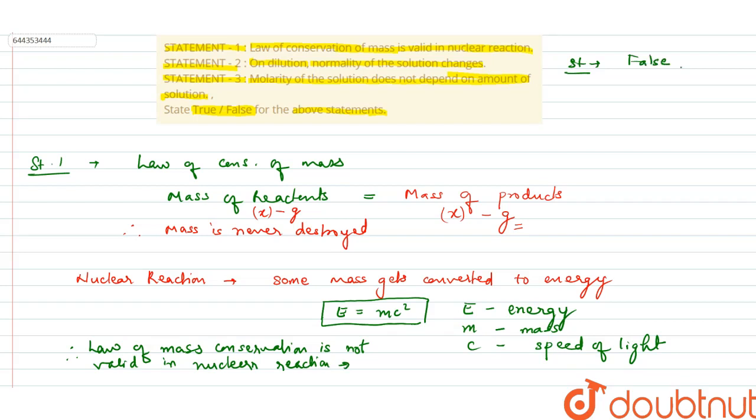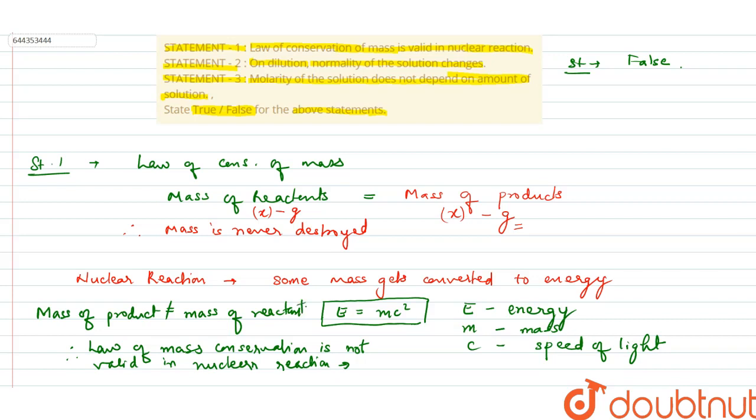I think you have understood why: some of the mass is converted to energy, and that is why the mass of products is not equal to the mass of reactants in nuclear reaction. So this is the first statement.